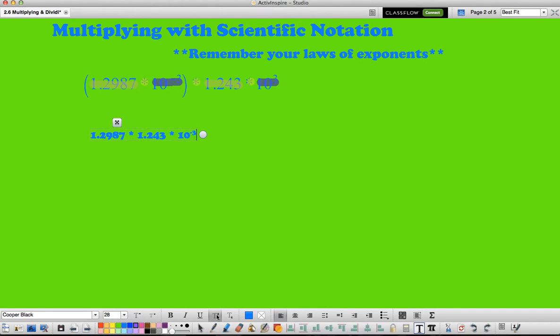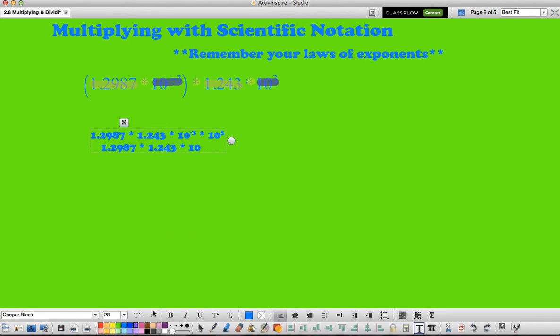So 10 to the negative third times 10 to the third. Now first let's use our rules of exponents. So I'm just going to go ahead and keep my decimals the same because I'm not multiplying those yet. And I know that when I multiply numbers that have the same base, I just add the exponents. So negative 3 plus 3 is 0.